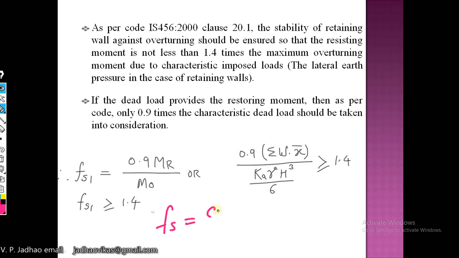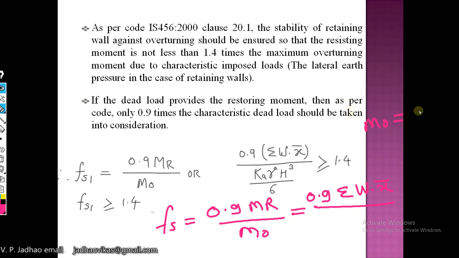Fs is equal to 0.9 MR divided by MO, where MR is the resisting moment. We have already seen MR is equal to the sum of W into x bar, and we have also seen the overturning moment MO is equal to Ka gamma H cube divided by 6.